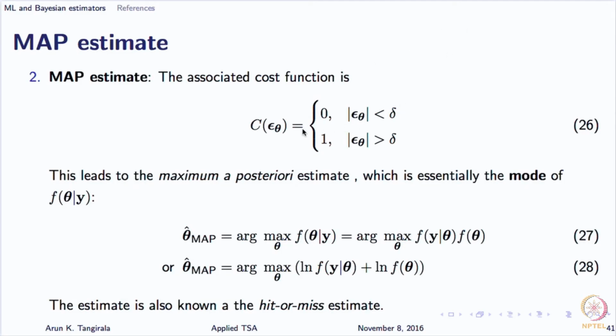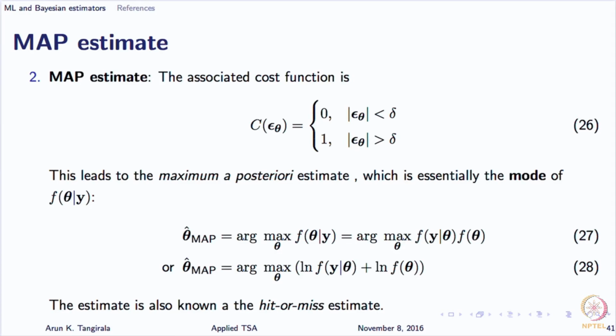If you look at the cost function, it is a kind of discontinuous cost function. It is called a hit or miss estimate. That means either you are in the correct region or you are not with this kind of estimate. But the beauty with this MAP is its very close similarity to MLE.